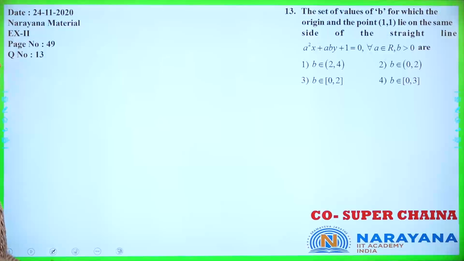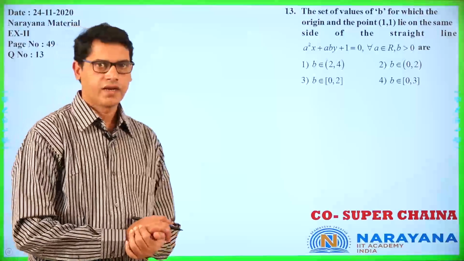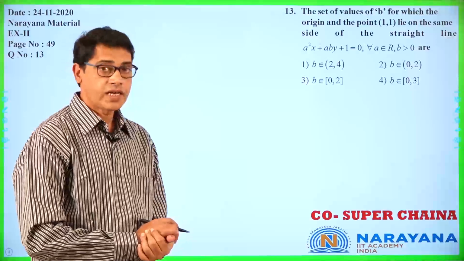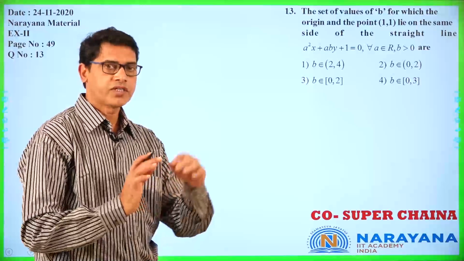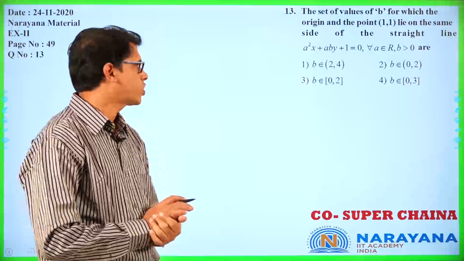Next one: the set of values of b for which the origin and the point lie on the same side. Same side means, as I said in the beginning of the class, the same sign, so L11 into L22 must be positive.